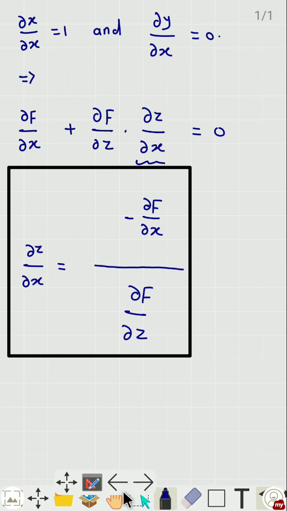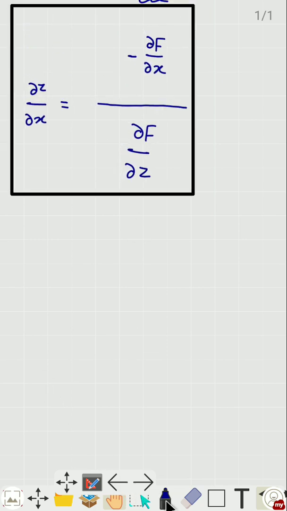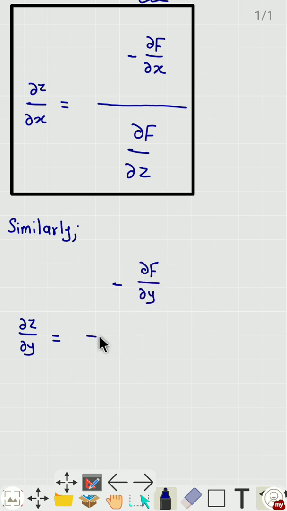Now similarly we can write the partial derivative of z with respect to y, and it is equal to minus dou f by dou y and whole divided by dou f by dou z.